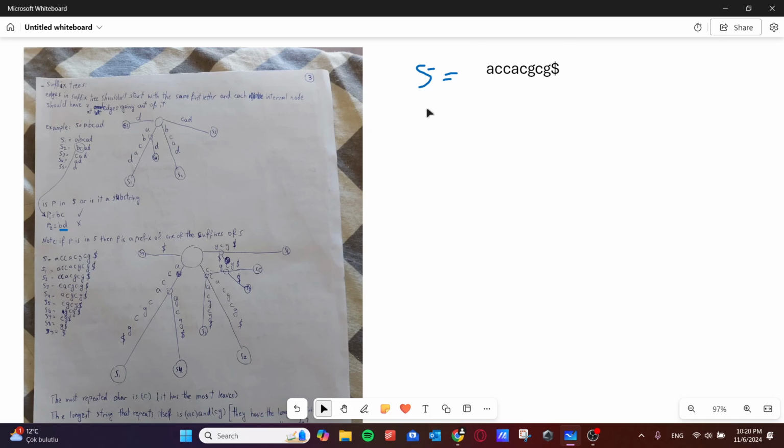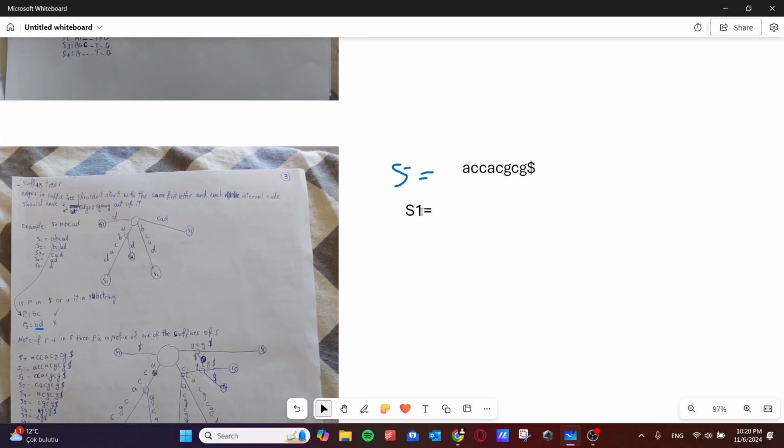Okay, so we'll start with the suffixes. We start with one. So the first one is the same. It's always the same.